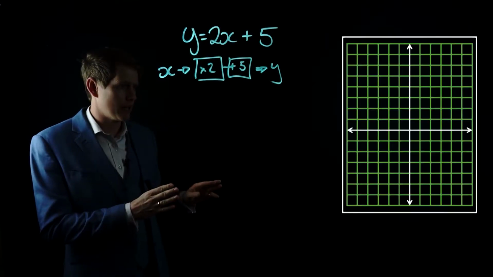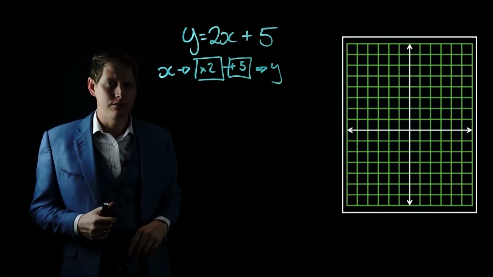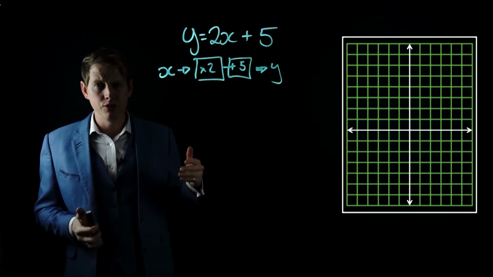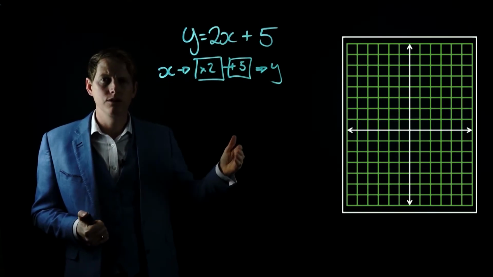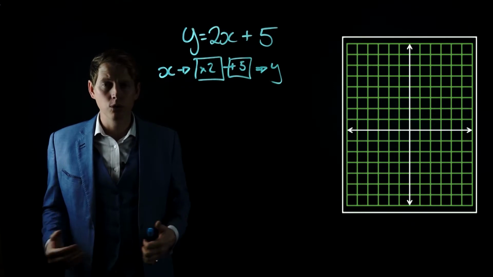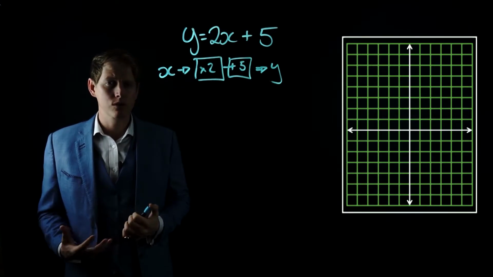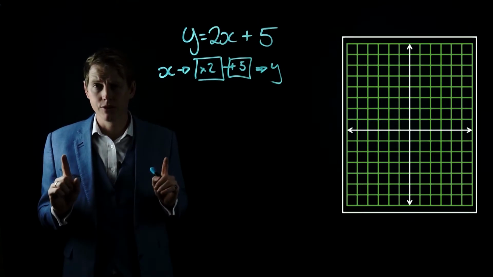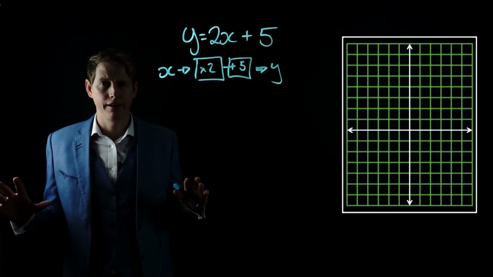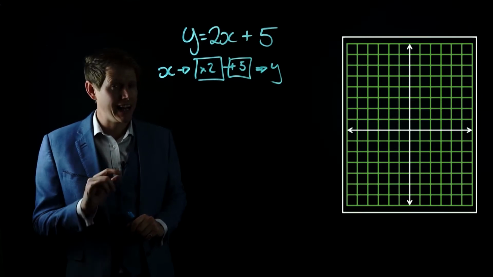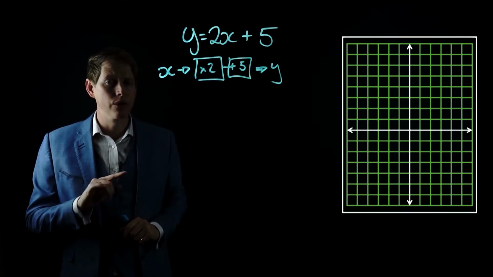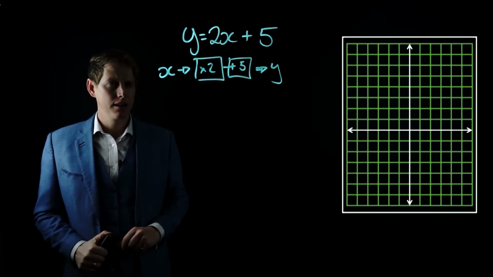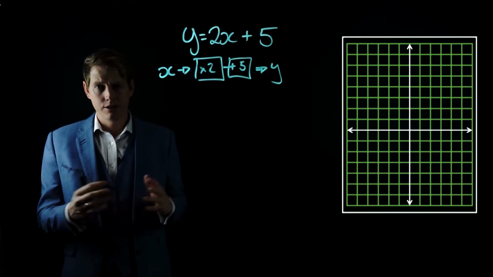Considering our Cartesian plane, we're going to use the values -3, -2, -1, 0, 1, 2, and 3. Now, how many coordinates do we need in order to be able to draw a straight line? Well, strictly speaking, we only need 2. If we've got 2 points, we can draw a straight line. But I always suggest doing at least 3, because then you'll know if you've made a mistake somewhere. In this case, we're going to be doing 7.